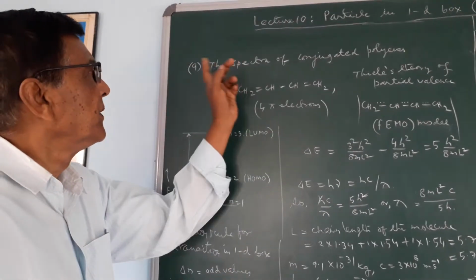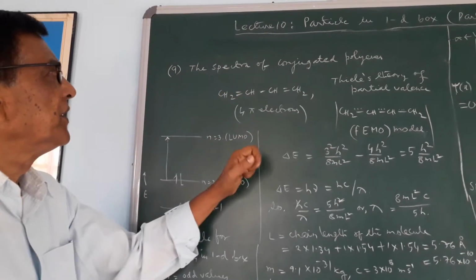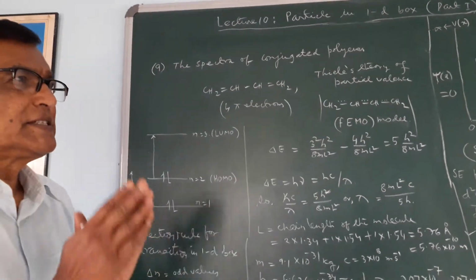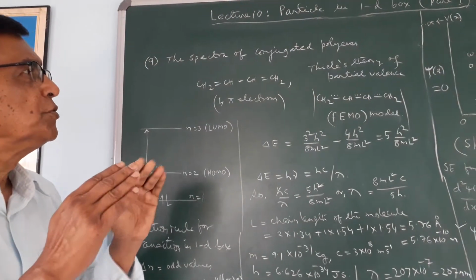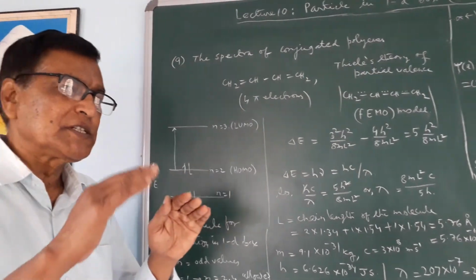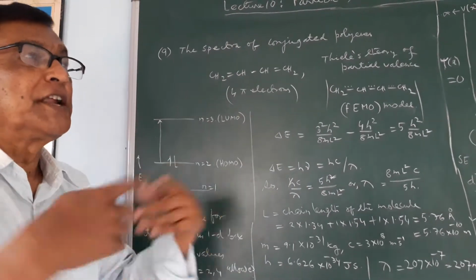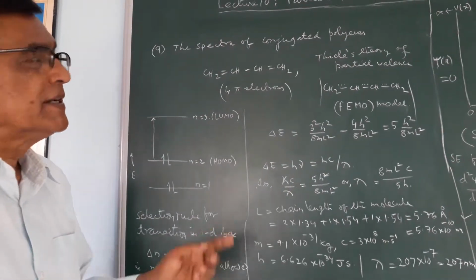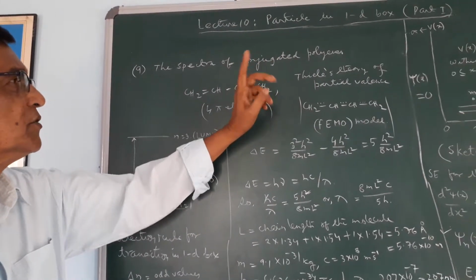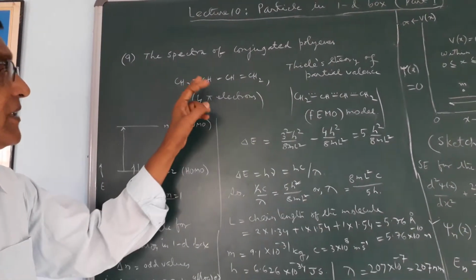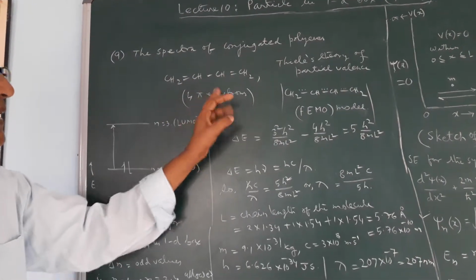In comment number 9, it is very important, the spectra of conjugated polyenes. Conjugated polyenes means double bond, single bond, double bond, single bond, present alternately. The youngest member of the conjugated polyenes is butadiene, and it contains 4 pi electrons.